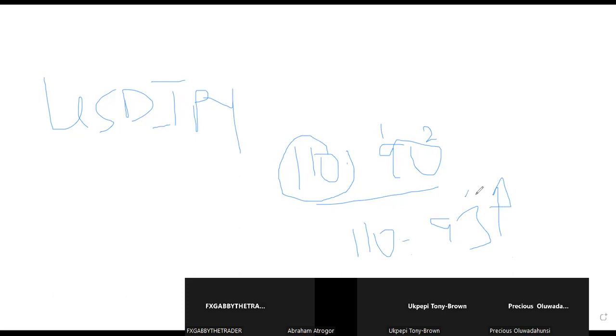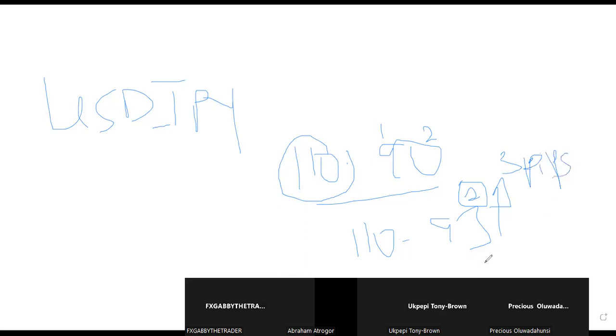Remember, we said we start counting from the second decimal after this 1, 2. So that means this figure has changed. So how many pips did USD JPY move up with from this current price? That means it has moved up with 3 pips.